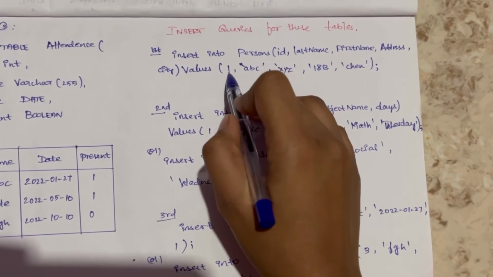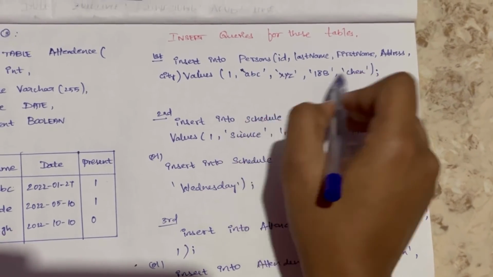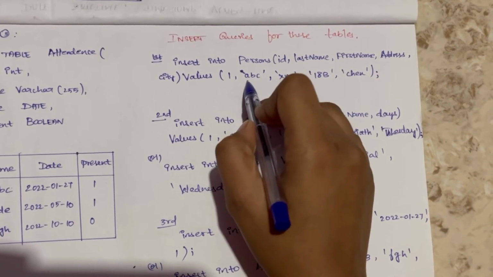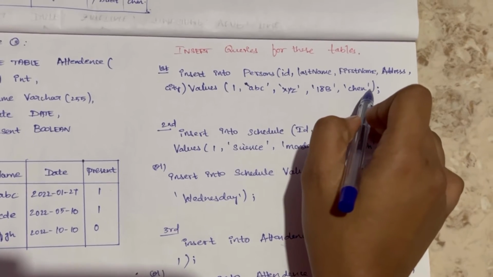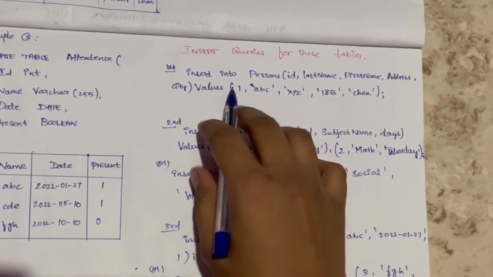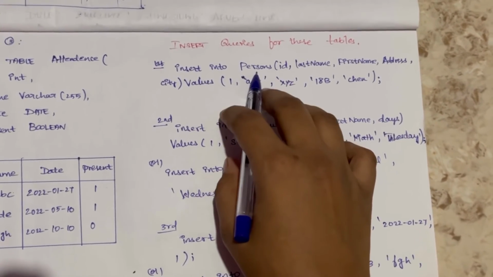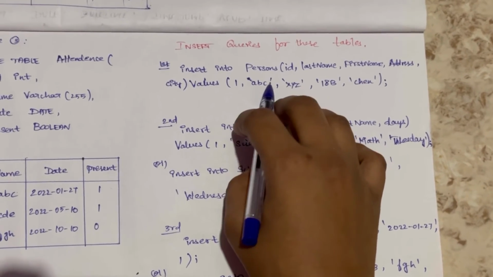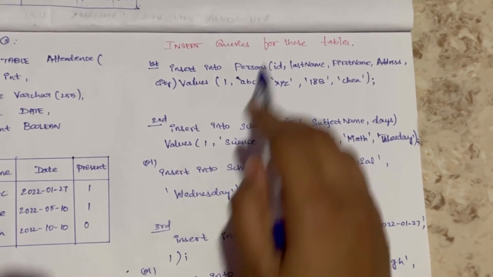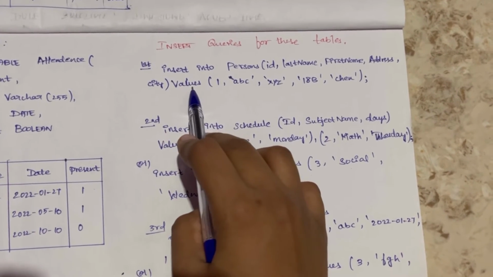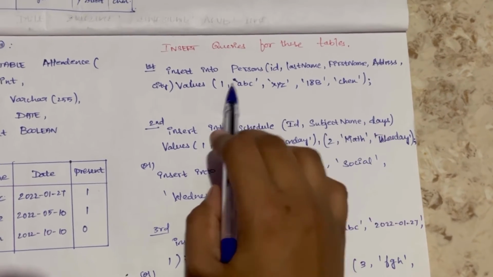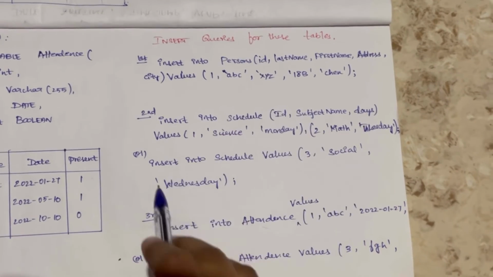So here we are inserting 1, and for varchar columns, all these are varchar columns, so we are inserting values according to the column names we have specified. Okay, so this is one type of writing an insert query, that is specifying all its columns followed by values keyword and all the values for those columns.